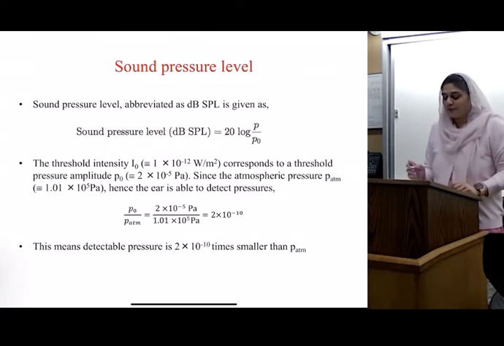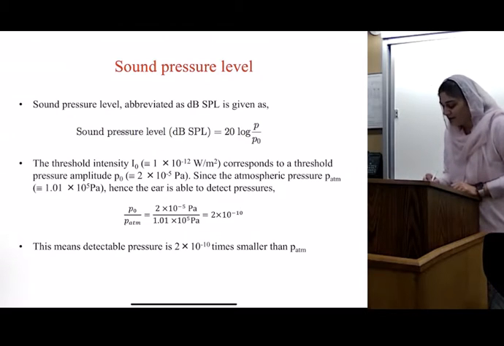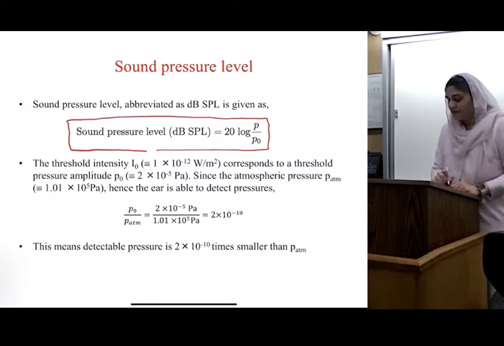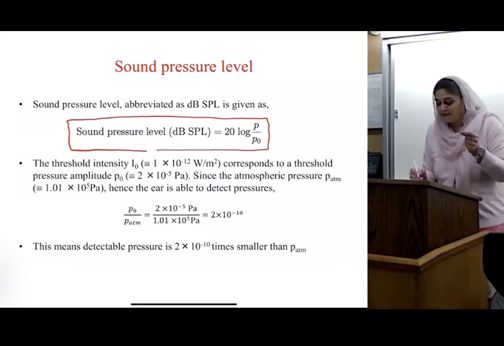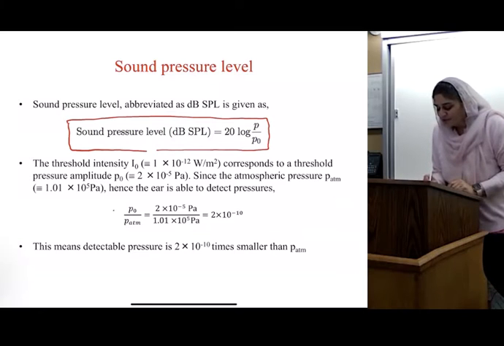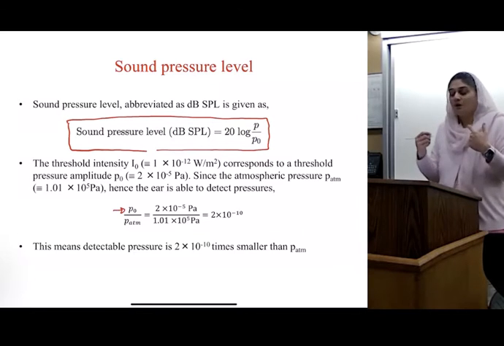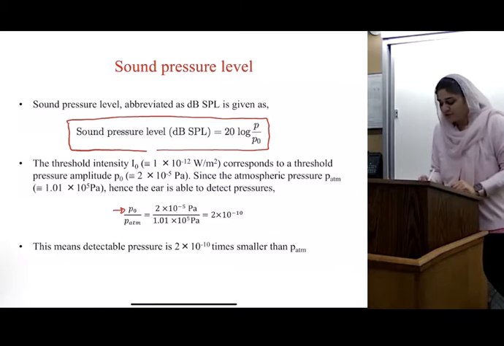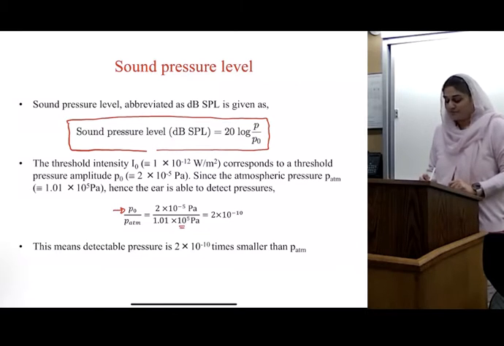So again, this is the formula for SPL: 20 log of P over P0. What is so fascinating about this is that the smallest pressure that we know of is 2 times 10 to the minus 5 Pascal, but the atmospheric pressure is 1.1 times 10 to the plus 5 Pascals.